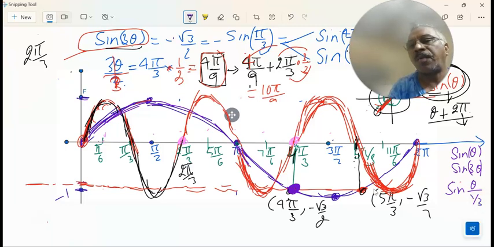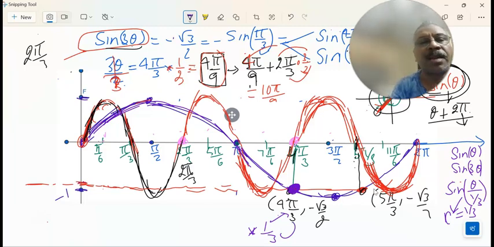So every x coordinate gets shrunk by a scale factor of c equals 1 by 3. Whatever number you see here, you just have to multiply by 1 by 3. And when you multiply, it becomes 4 pi by 3. Even though this is 3, 3 times 3 is 9, so 4 pi by 9. So this point is 4 pi by 9.